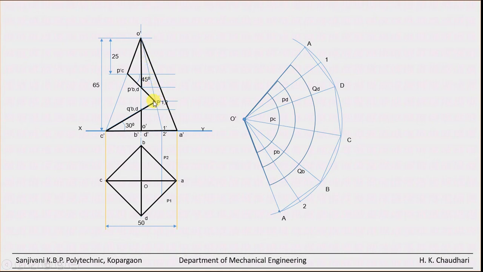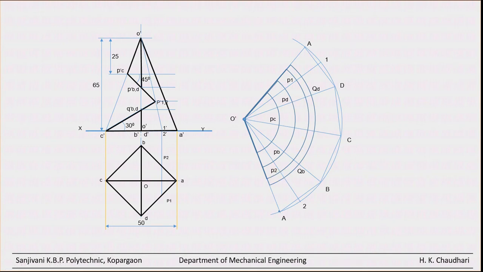Okay, this O dash to P dash 1, and draw an arc. Clear. So the intersection obtained from this arc and these two generators gives the points P1 and here P2.